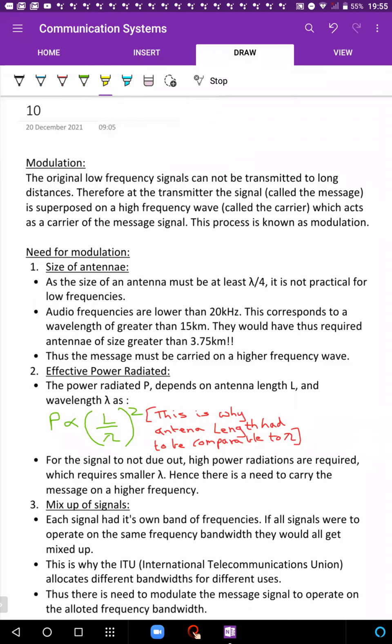So 3 reasons. Okay, one is the size of the antenna. So we have seen that the antenna size should be at least lambda by 4. The bigger wavelengths imply bigger amplitudes. For bigger amplitudes, you need your charged particle which is producing the wave. We have understood how an EM wave is produced, right? By Maxwell's laws.